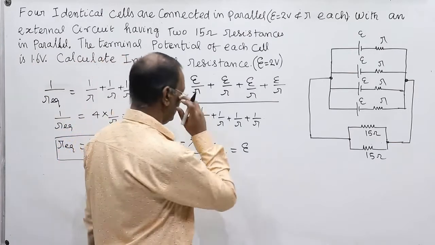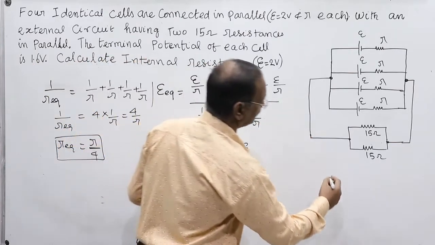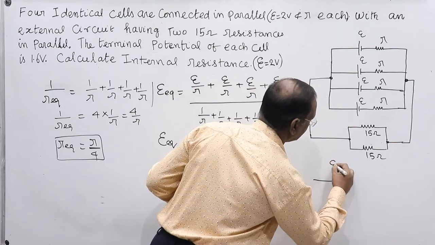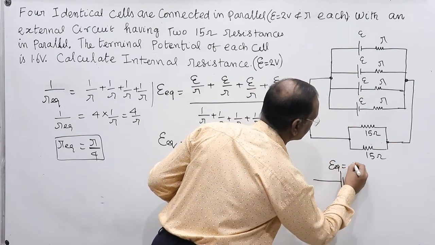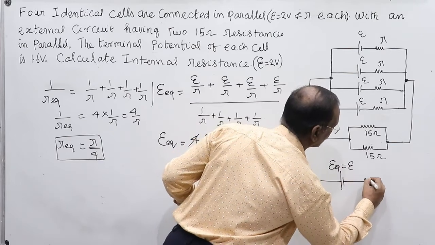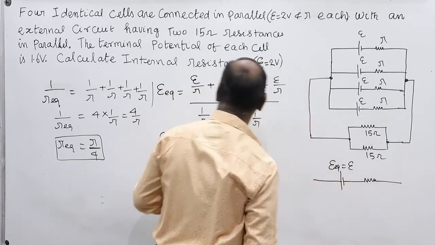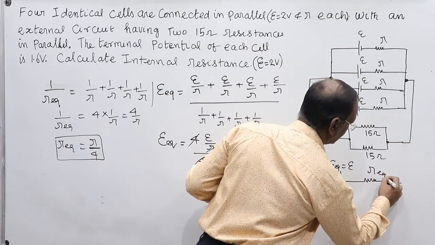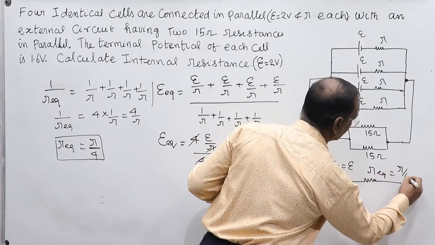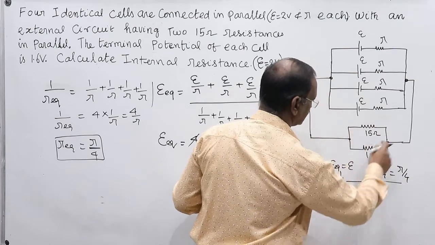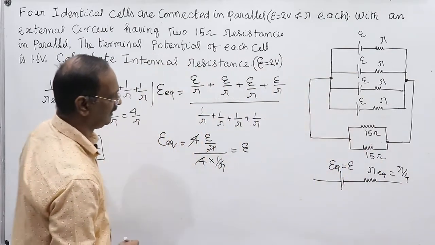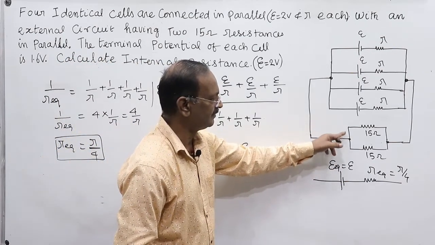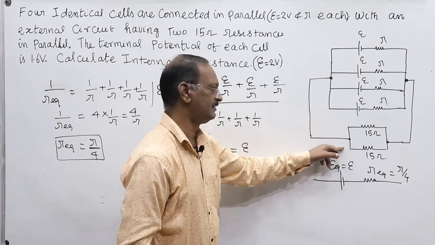So now we can write it as a single circuit, having an EMF E equivalent equal to E, and R equivalent equal to R by 4. And this is the external circuit. Since the two resistors are in parallel, they serve as the external resistance, that is the load resistance.